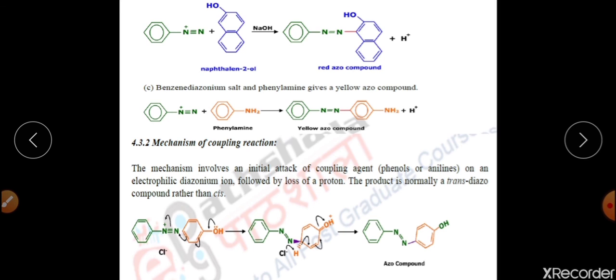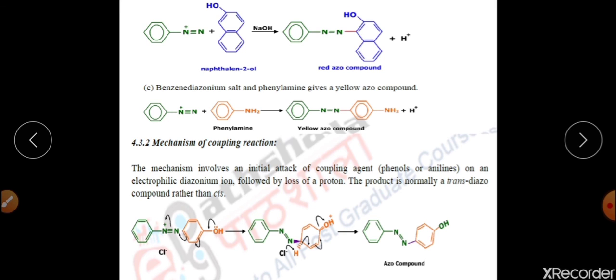On the other hand, if we are using too acidic pH, at that time more of the H positive will be there in the reaction mixture. So that H positive will react with the aromatic system containing nitrogen. For example, we are having aniline.